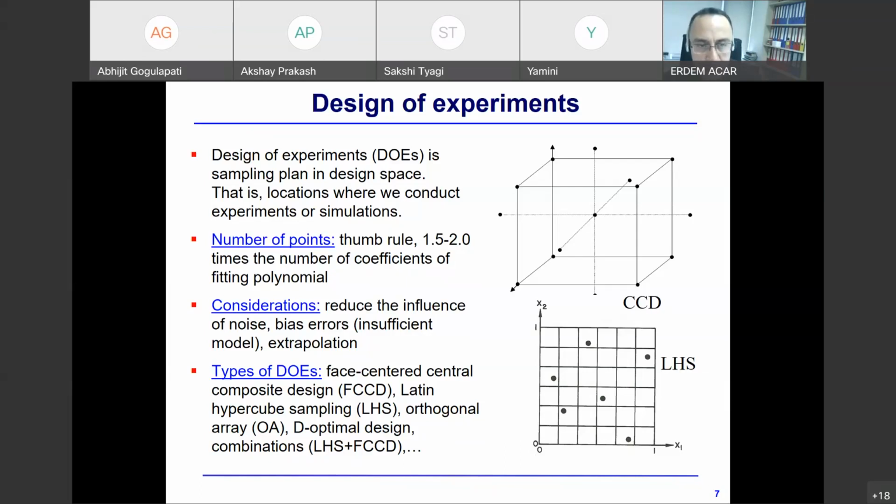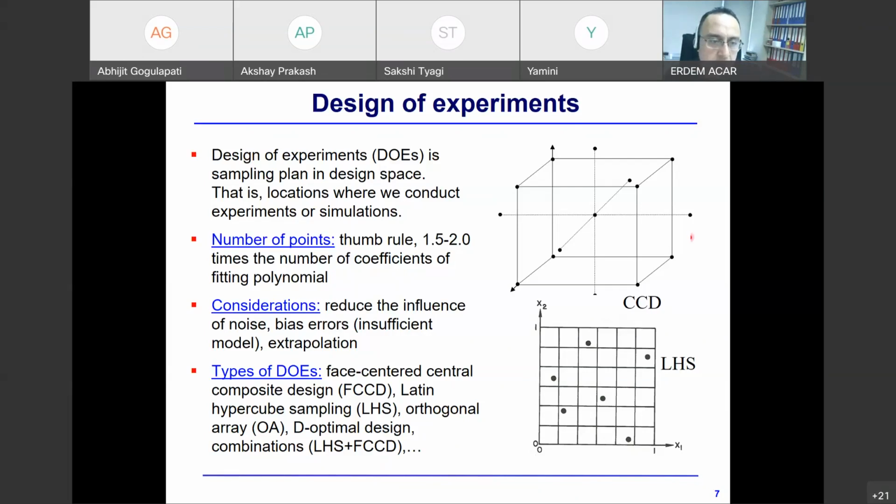Another rule of thumb is the number of training points should be at least 10 times the number of design variables. If we have a 2 design variable problem, then we should at least generate 20 data points. Now, selection of this design of experiments depends on the influence of noise, bias error, extrapolation.